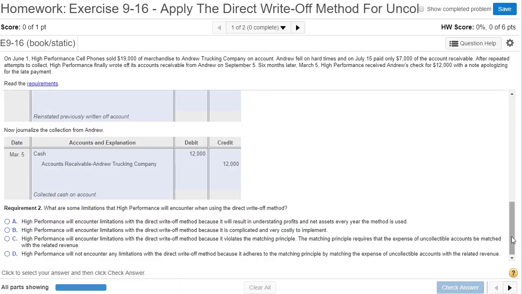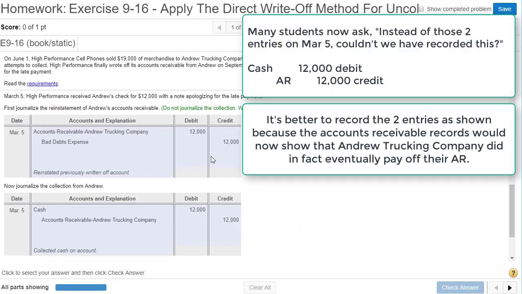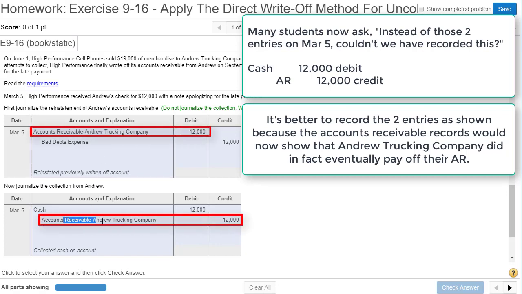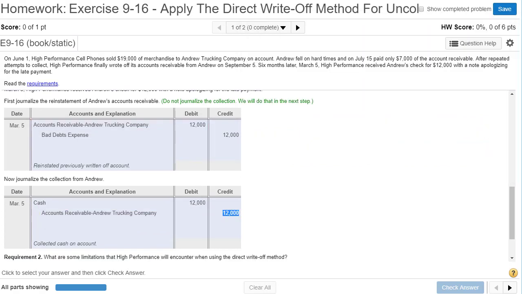So now you might be wondering, why did we reinstitute this AR only to remove it again immediately? Notice these are both on the same day. Well, the reason we do that is just so that if we ever look into the AR account for Andrew Trucking, we show that they did have this $12,000 balance and they did eventually pay it off.